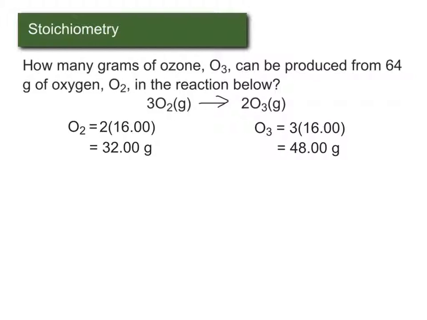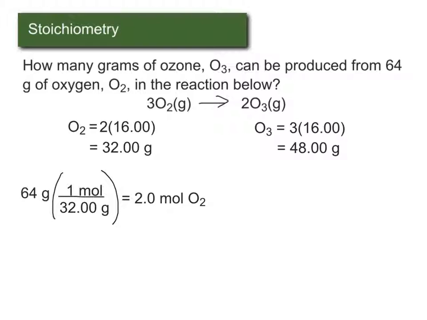Now we want to take our 64 grams of O2 and convert that to moles. So 64 grams, we're going to do that times 1 mole over 32 grams, which is the molar mass of oxygen. And that will give us 2 moles of O2. Now, this one is a little bit more complicated in terms of the coefficients, but if we look, for every 3 moles of O2, we make 2 moles of ozone.